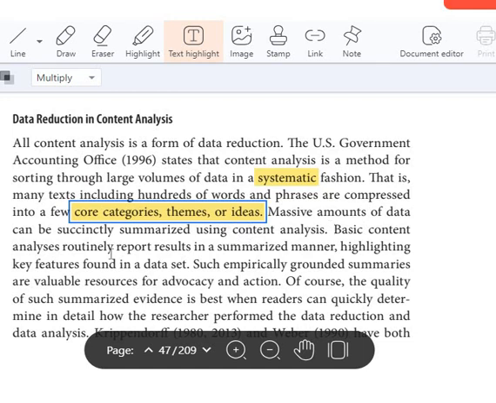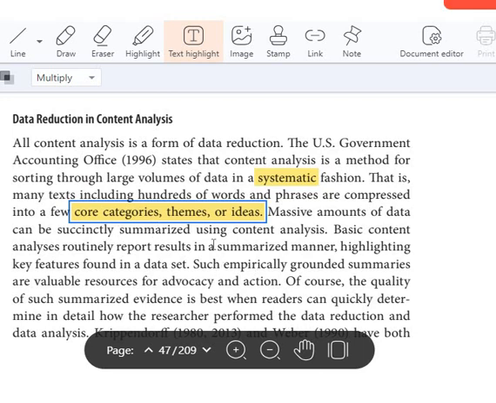Those massive amounts of data can be summarized using content analysis, actually, with the use of tables and percentages, and with the formulas. You can pinpoint the differences and compare them, and see what the differences are, and then you can conclude your points, shed light on a certain problem maybe.